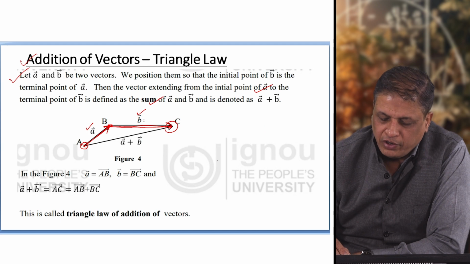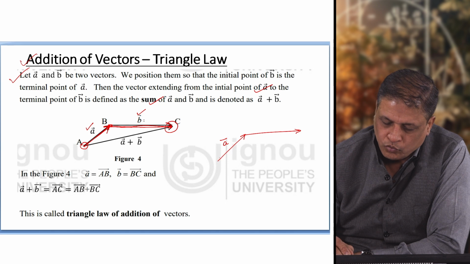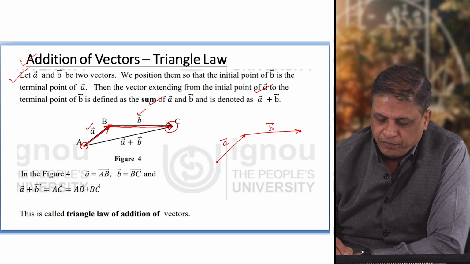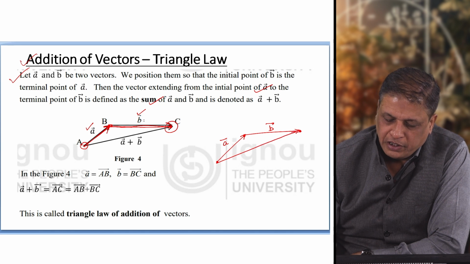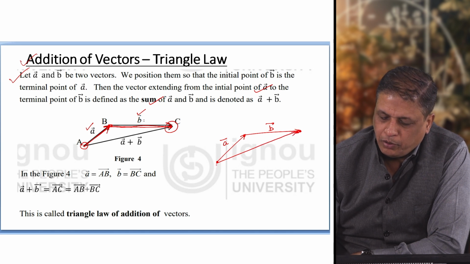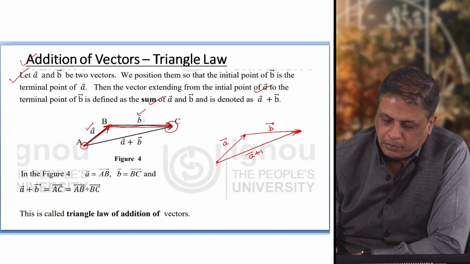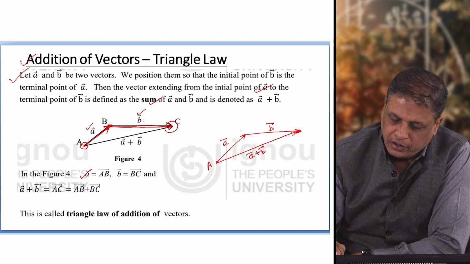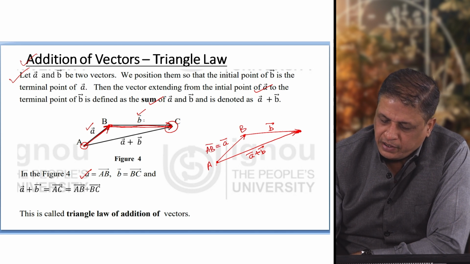Say we have two vectors, this is vector A and this is vector B. This is the initial point of vector A, this is the terminal point of vector A, which is also the initial point of vector B, and this is the terminal point of vector B. Then the vector from the initial point of vector A to the terminal point of vector B is nothing but vector A plus vector B. So AB vector is nothing but vector A, and vector B is nothing but the BC vector.